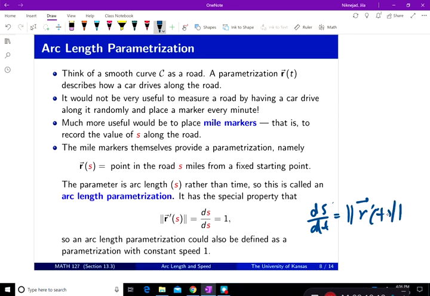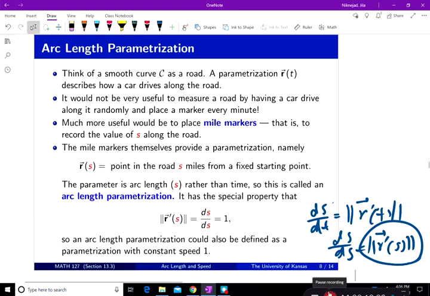Now, if the parameter is s itself, then I get ds over ds, the derivative of s with respect to s, which is just 1. And so the speed is going to be 1. That's the special property of the arc length parameterization.